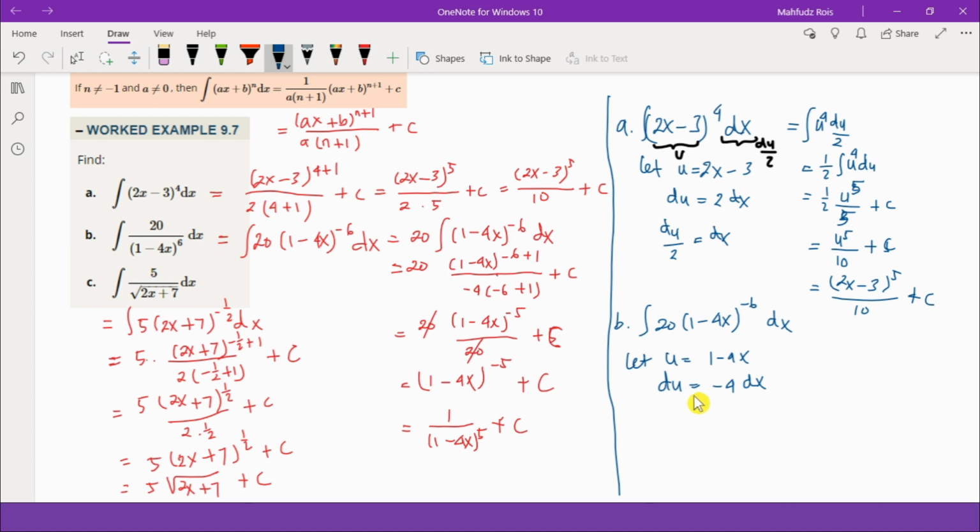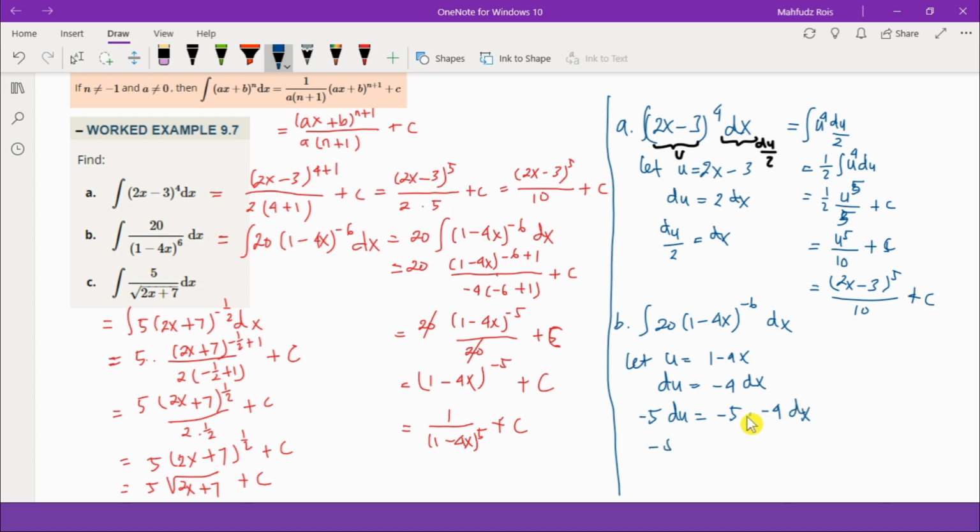So how to make this be 20 dx? We can multiply by minus 5, right? So it will be minus 5 du. It will be minus 5 times minus 4 dx, right?